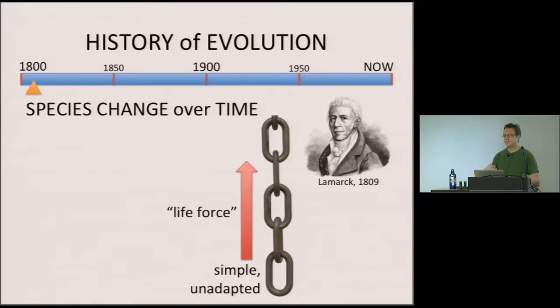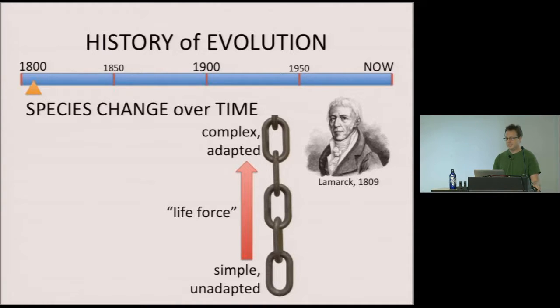And then through some mechanism that they really didn't understand, sometimes described as a life force or some sort of driving will that organisms had, these simple unadapted species could transform themselves into more complex species that were better adapted to their environment. That was basically the outline of this idea of species change over time in the early 1800s.